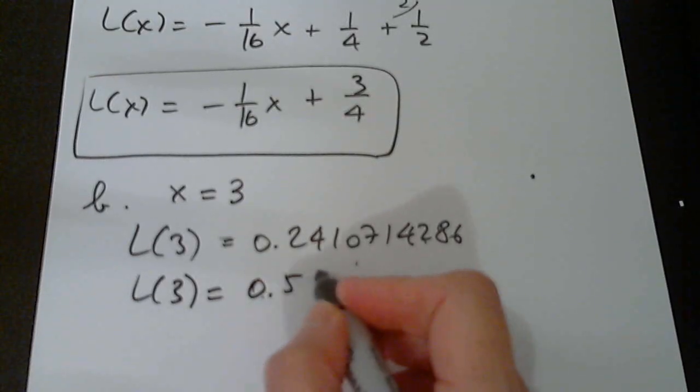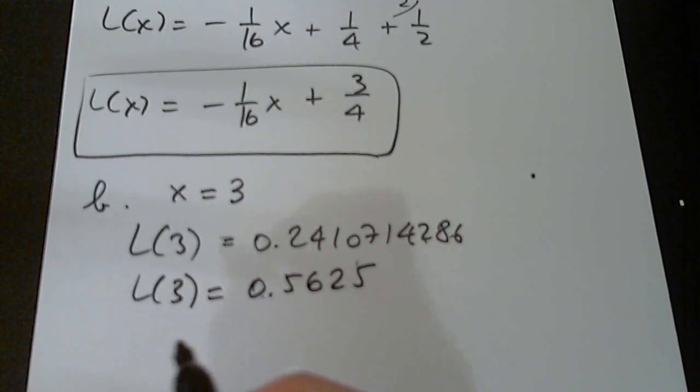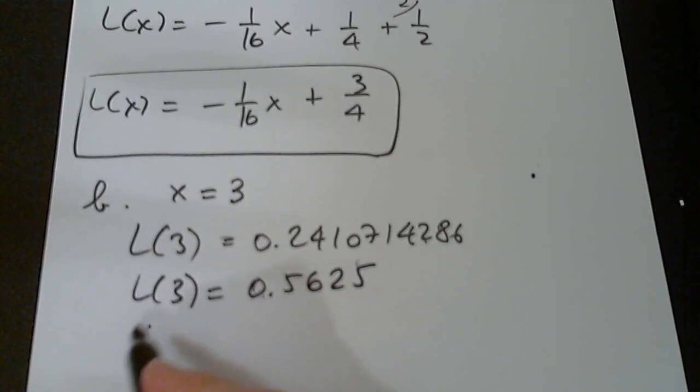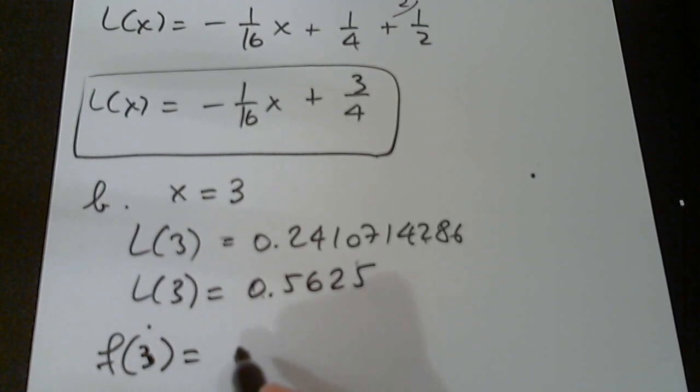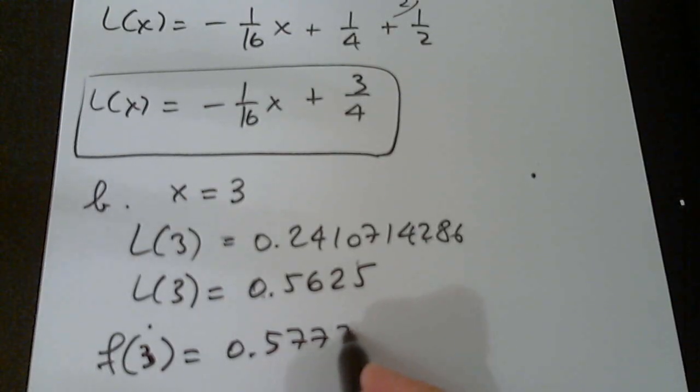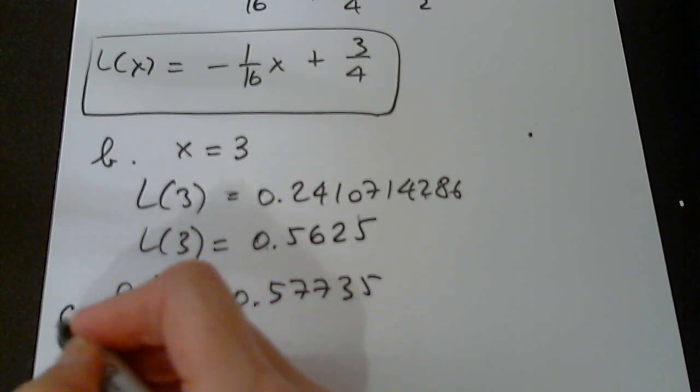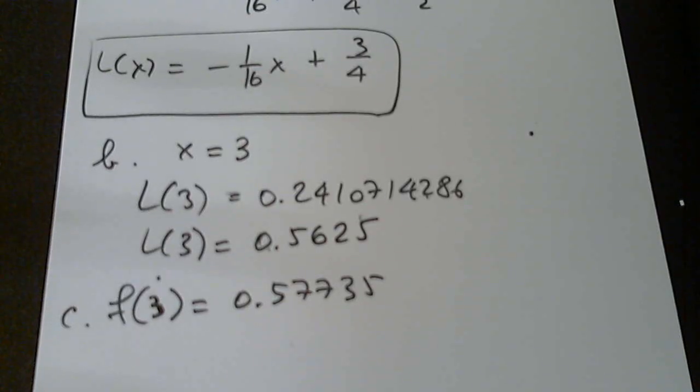So 0.5625, and f of 3 equals 0.57735. Most probably, we didn't get there, but find 1 over the square root of 3, which we did with the graphing calculator.